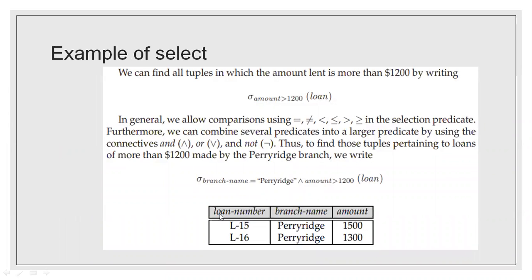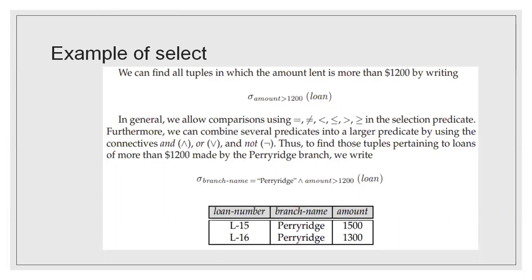We can find all the tuples in which the amount lent is more than $1,200 by writing the query sigma amount greater than 1200 of loan, which indicates to display only those tuples whose amount is greater than $1,200. Automatically you can see the output table as loan number 15 and loan number 16.